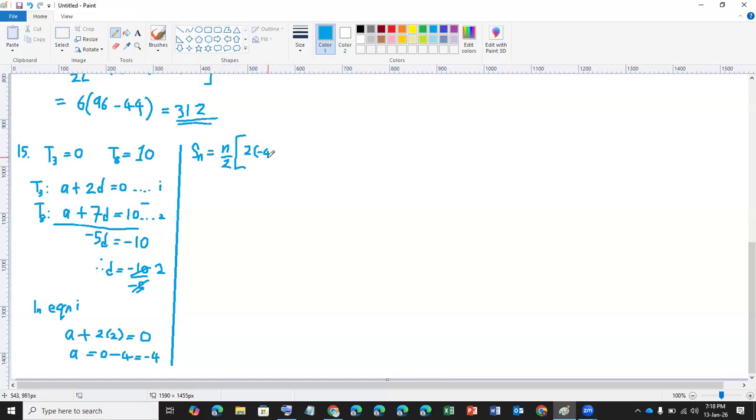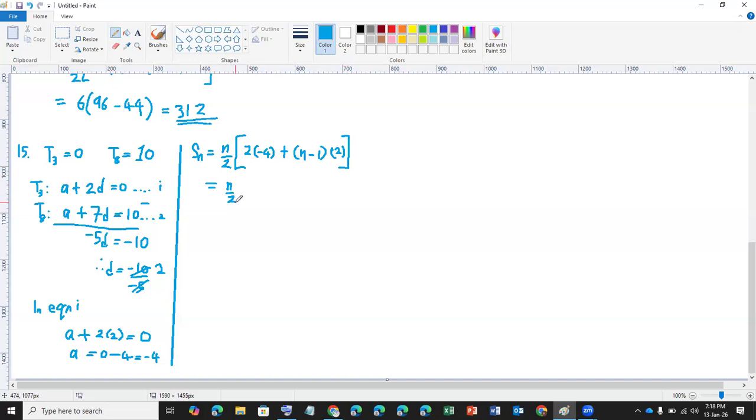Yes, plus n minus 1, that one will have to be part of it, n minus 1, and then d, two. Let me just put it in a bracket like that. So let's now put our square bracket around it. So let's see, n over 2.